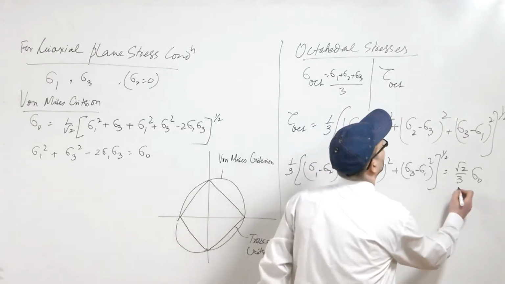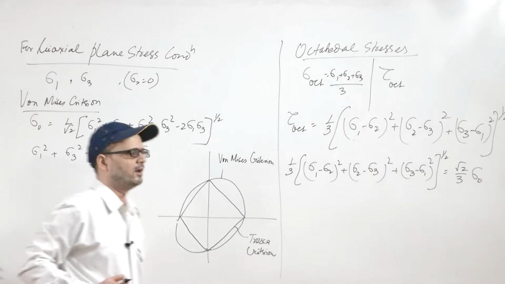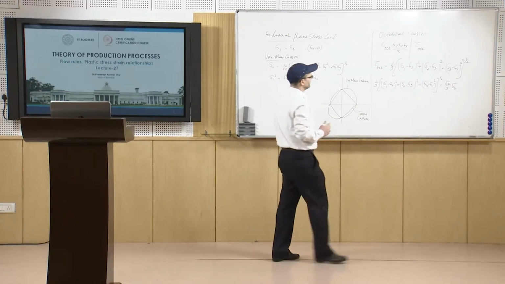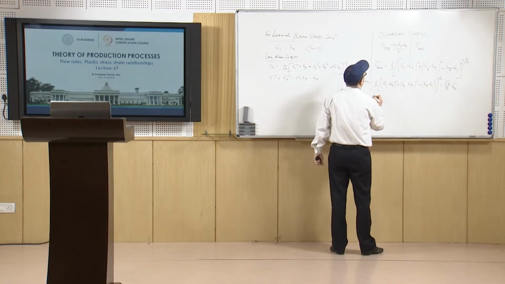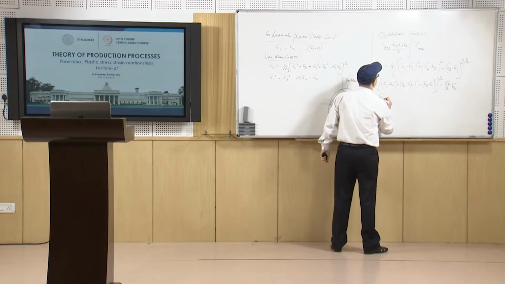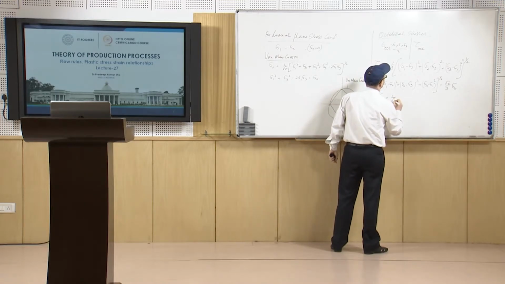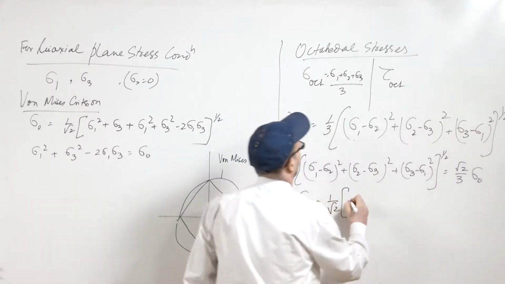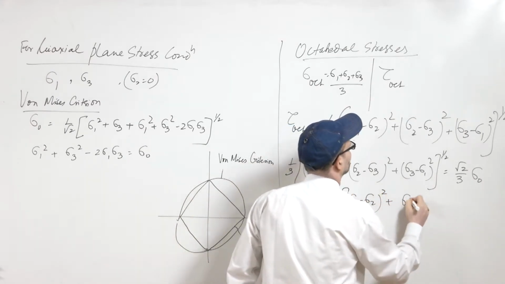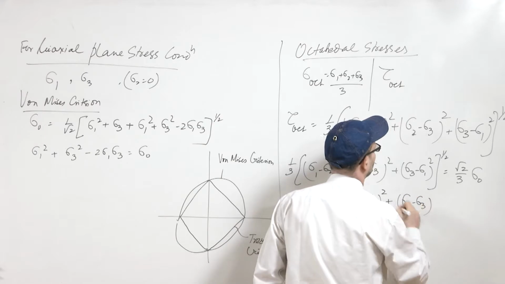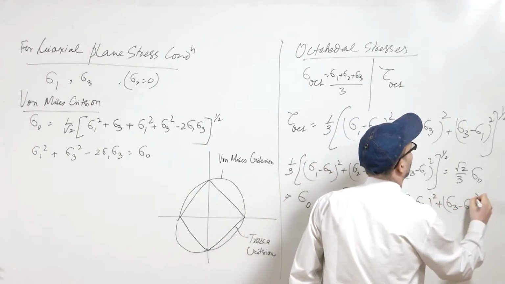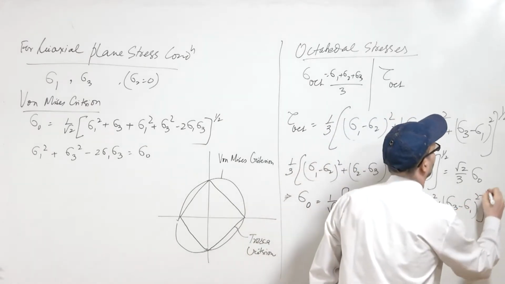If you further solve this, you get sigma naught as 1 by root 2 of sigma 1 minus sigma 2 square plus sigma 2 minus sigma 3 square plus sigma 3 minus sigma 1 square, raised to the power half.